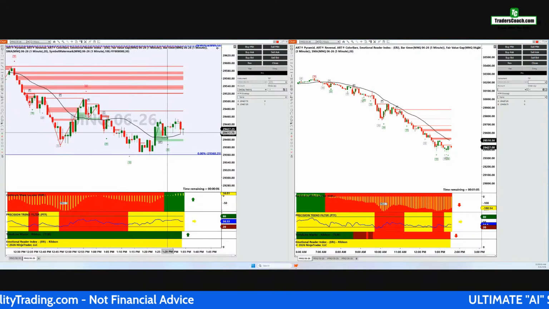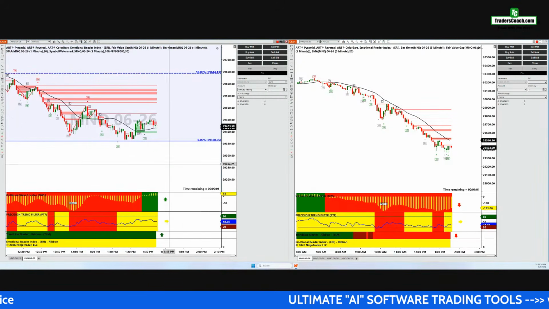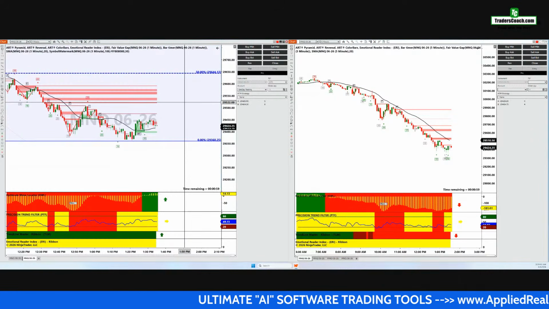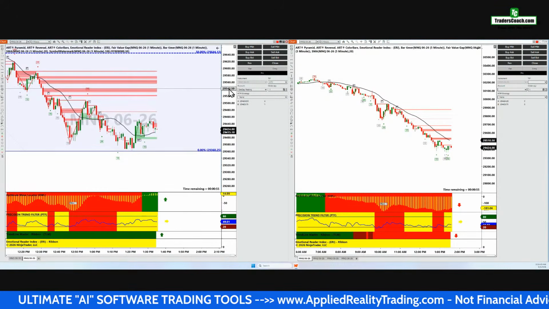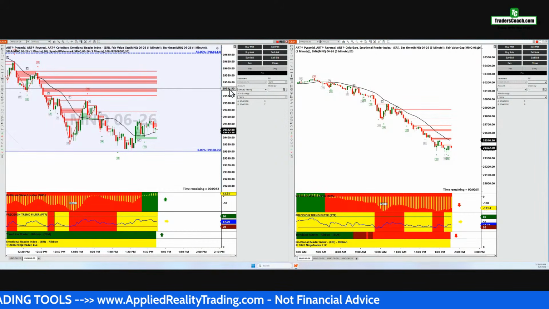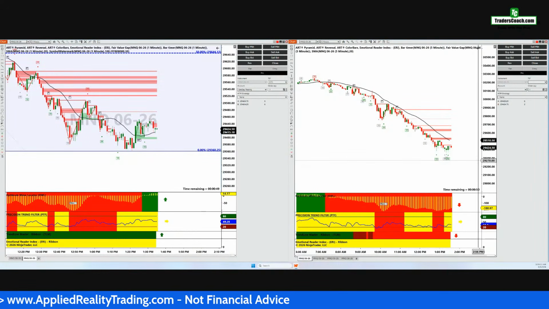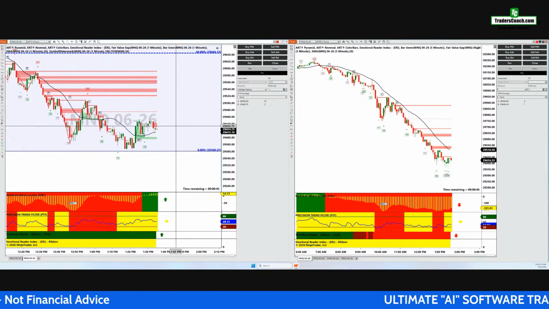So, all right, let's see what happens. We're kind of messing around here. And this is where it becomes really difficult, because if it goes into a range, you're going to see a lot of fair value gaps that can screw you up. Now, we have a bearish fair value gap that formed here. We respected the 5-minute bearish fair value gap here.